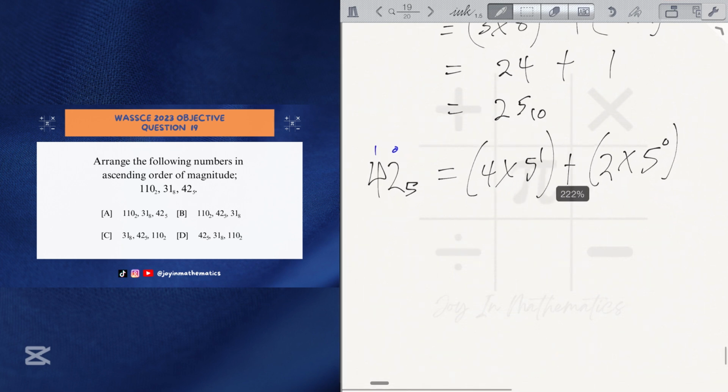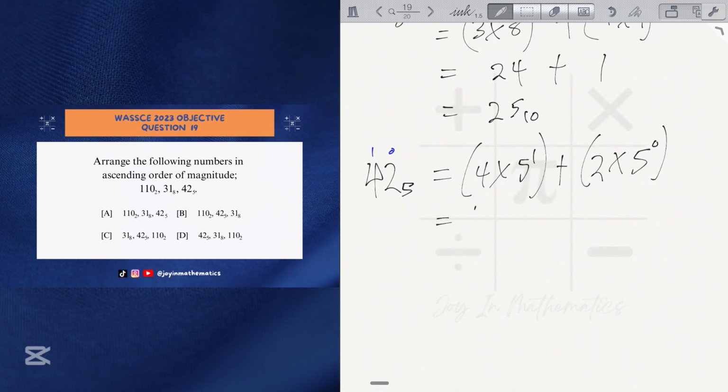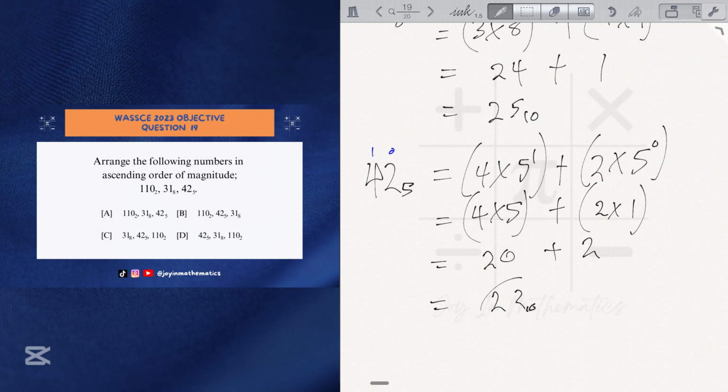So simplifying this, we'll have 4 times 5 plus 2, anything raised to the power of 0 is 1, so 2 multiplied by 1. So we have 20 plus 2, and we are left with 22 base 10. Let's rewrite this, 22 base 10.